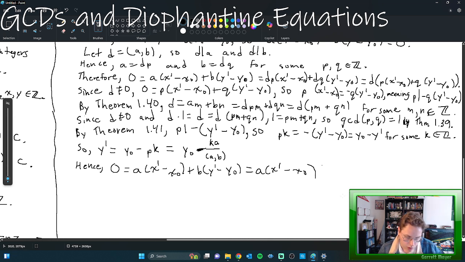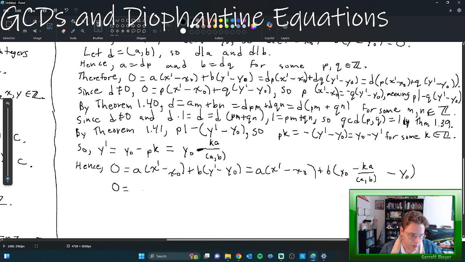So we can expand this, and what we're going to do is plug in the equation that we got for y' into our equation from before. So y', remember, is y0 minus ka over the GCD of a and b. And now we can go to the next line.